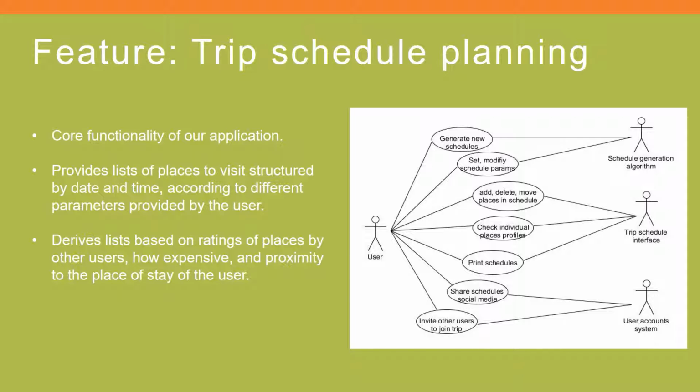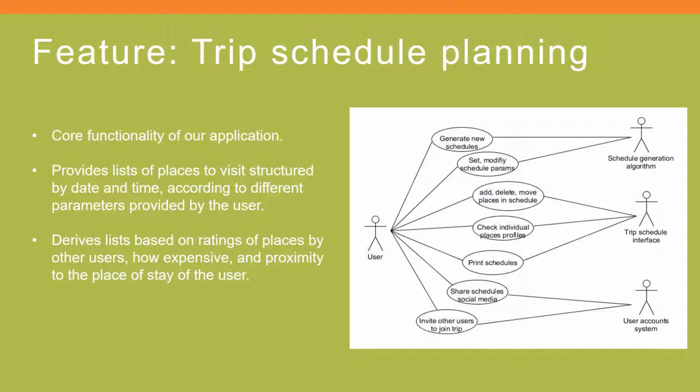The trip schedule planning feature is the core functionality of our application. It provides lists of places to visit, and these are structured by date and time, and they are generated according to different parameters provided by the user.